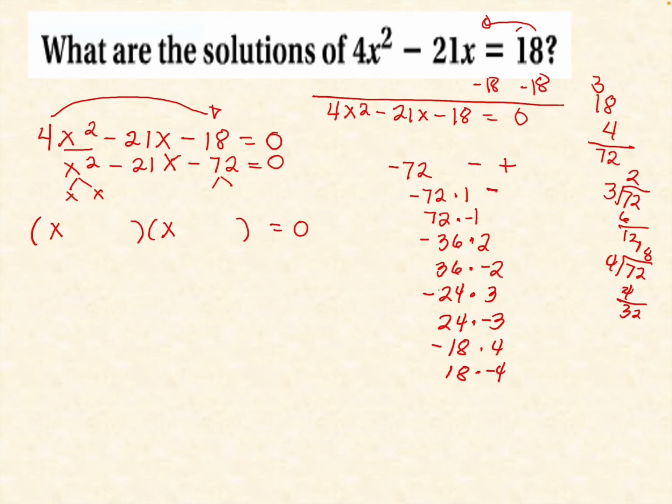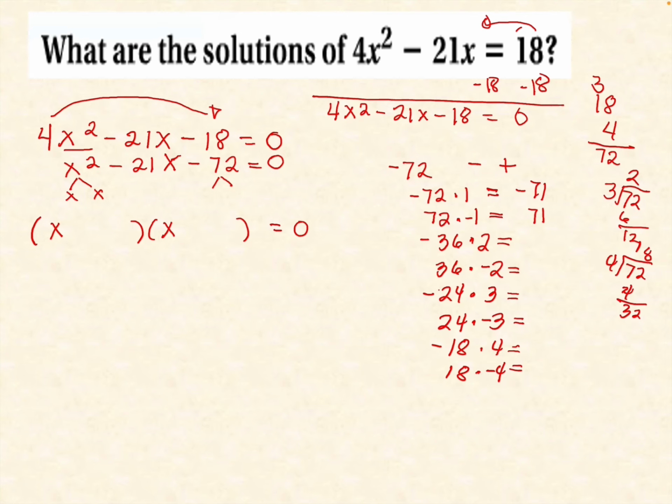Then after that, let us add them. You may skip this process once you are familiar with the factors of 72. So negative 72 plus 1 is negative 71. 72 plus negative 1 is 71.